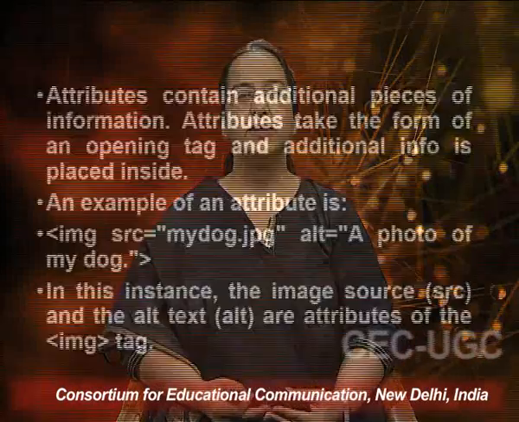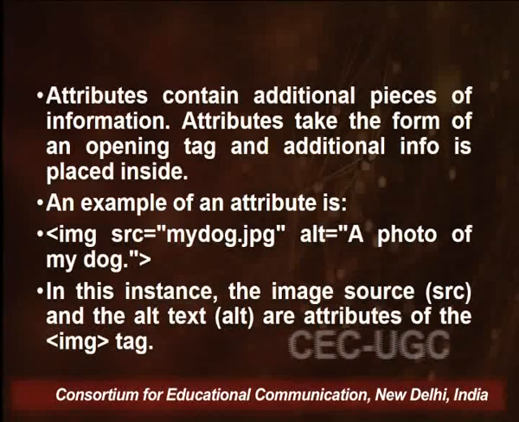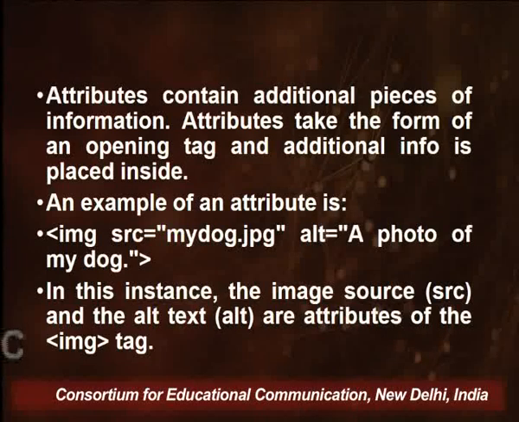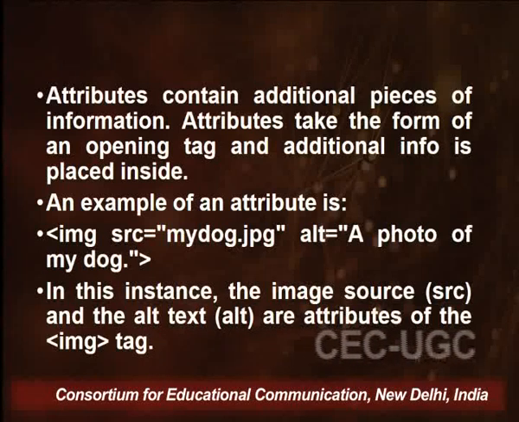So height and width are actually attributes, and the tag is img, which is for image. I am just taking an example of displaying an image, and img is the tag, and whatever additional information you have placed inside the opening tag is known as an attribute.